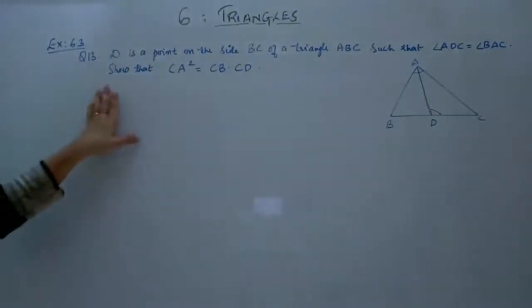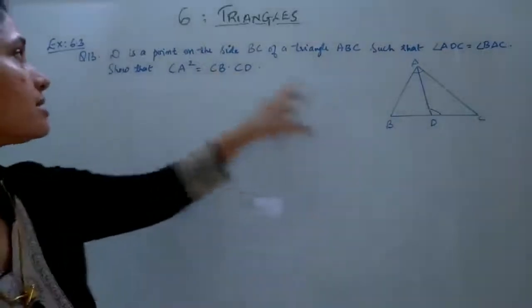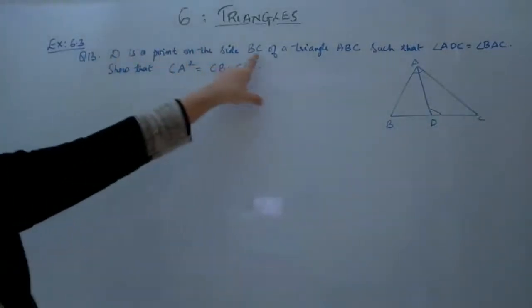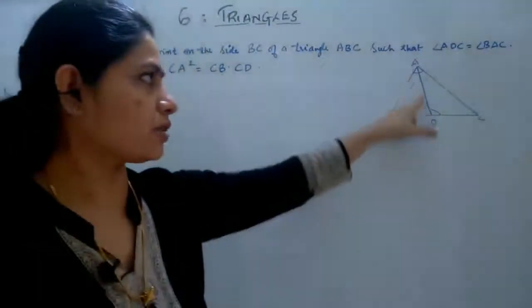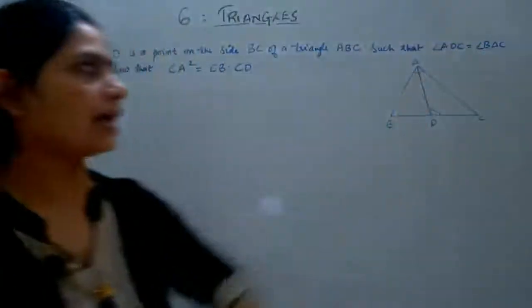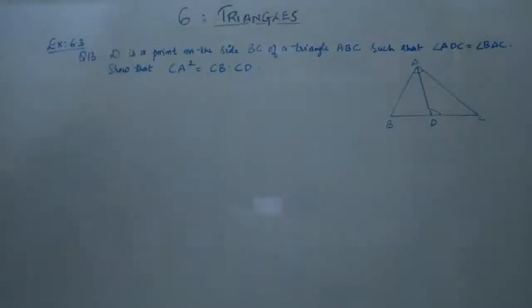In the question the figure is not given. We have to draw a triangle in such a manner that D is a point on the side BC. We have taken a point D on BC and joined it to A, and we have to mark the corresponding angles as equal, as given in the question.